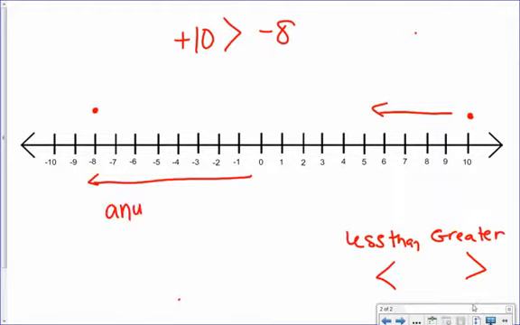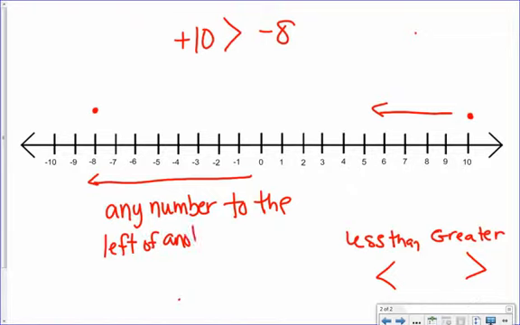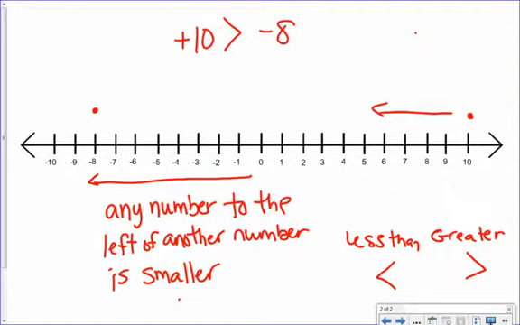Any number to the left of another number is smaller. Even if it was negative 11 over here, just because 11 is bigger than 10, because it's a negative 11, it is smaller than positive 10.